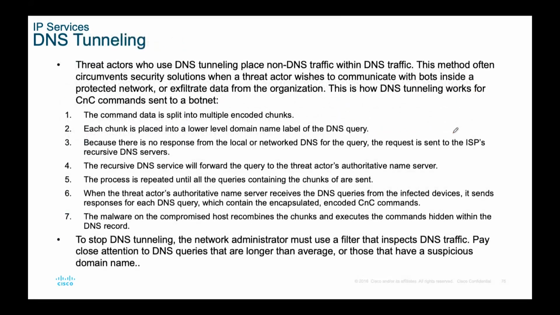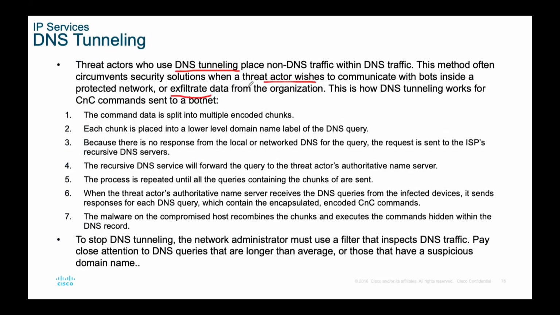DNS tunneling. Threat actors who use DNS tunneling place non-DNS traffic within DNS traffic. This method often circumvents security solutions when a threat actor wishes to communicate with bots inside a protected network or exfiltrate data from the organization.